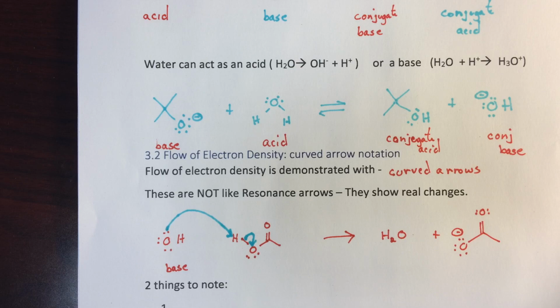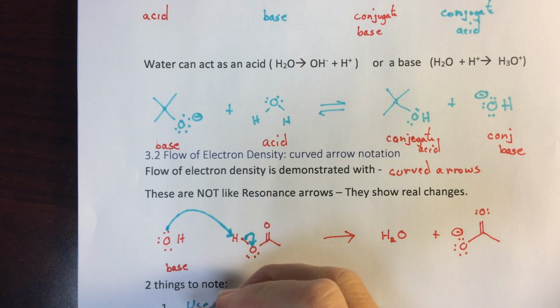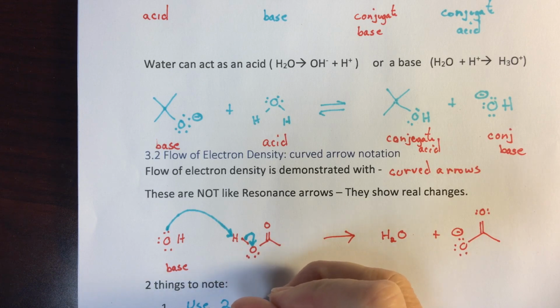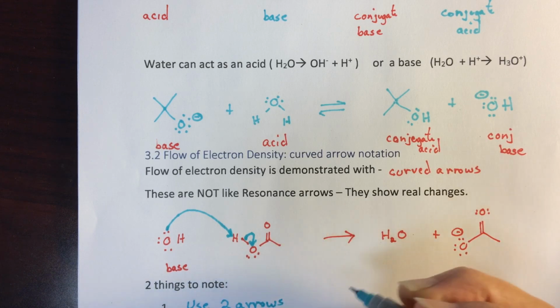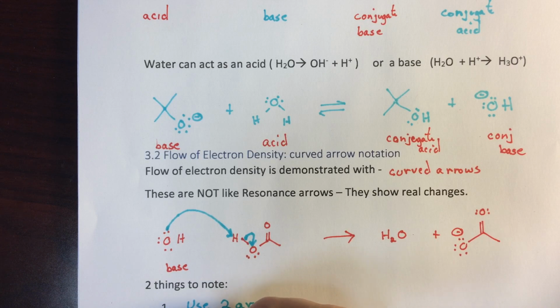We have two arrows. Use two arrows and a base has to extract it. The proton does not just fall off. It has to have something come along and take it away.